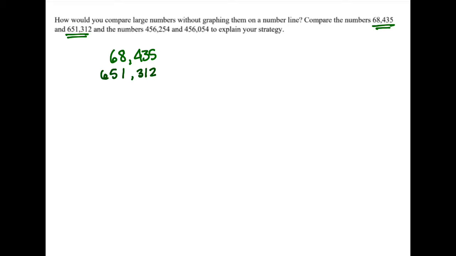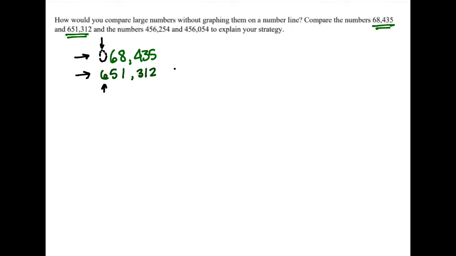Okay. Now, by doing that, I can see that this bottom one has a 600 and the top one doesn't have any. Right? So the bottom is over 600 and the top one is just over 0. Okay, so which is bigger, the 0 or the 6? It's the 6.